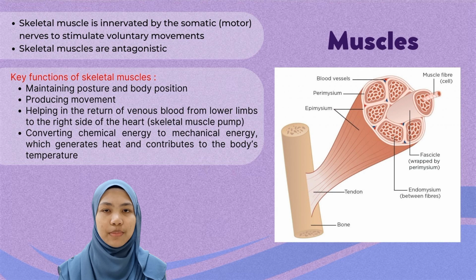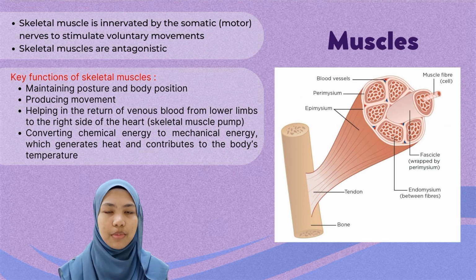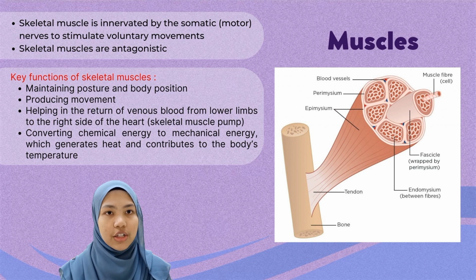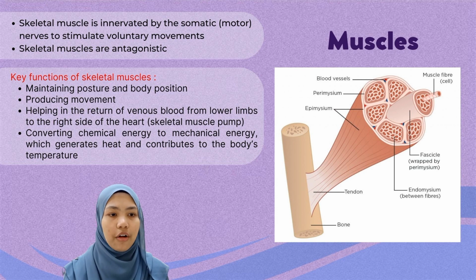Next, let me explain a bit about the mechanism of the muscle contraction. The contraction of the muscle fiber is initiated in the neuromuscular junction, which is the chemical synapse formed between the nerve fiber and the muscle fiber.